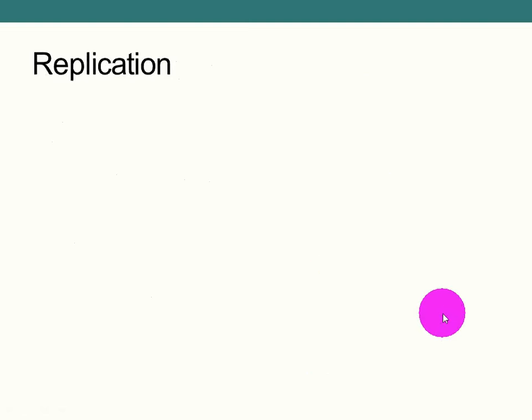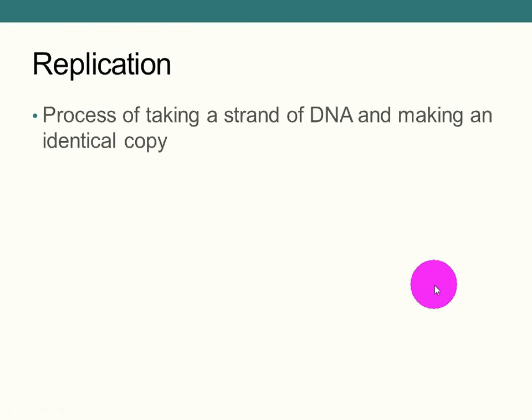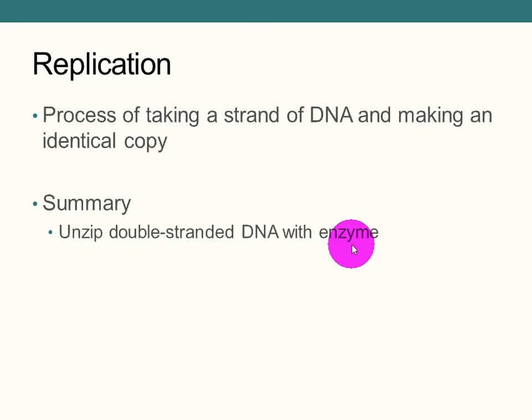Replication is, again, the idea you take a strand of DNA and you basically kind of Xerox it. You want that copy to be completely identical. So what we have to do is DNA is, again, a double-stranded molecule. We're going to snap those two strands apart or kind of unzip them using an enzyme. And then what we'll do is we'll have another enzyme come in.